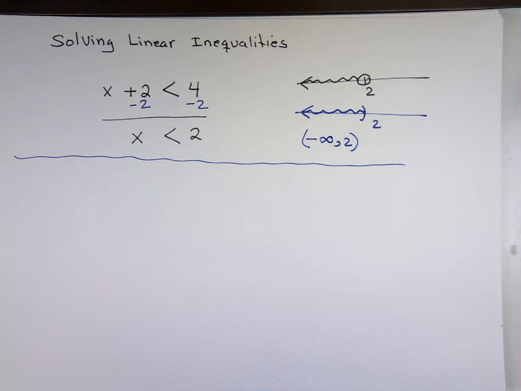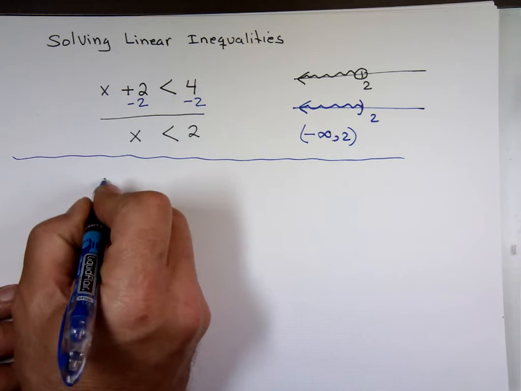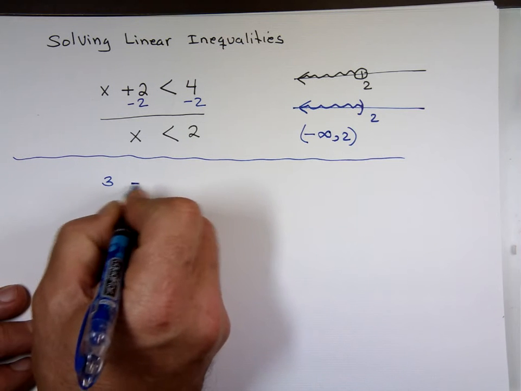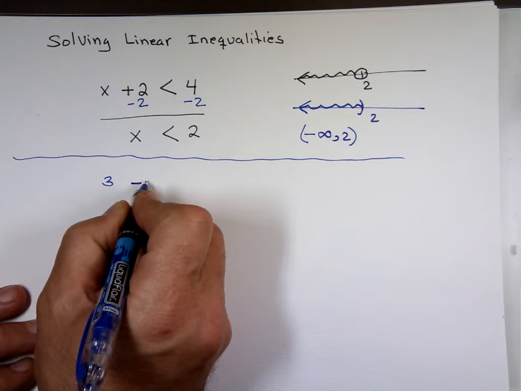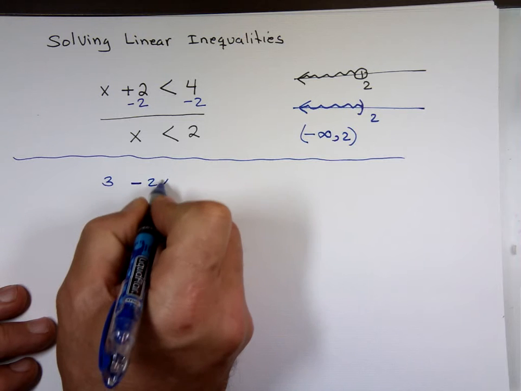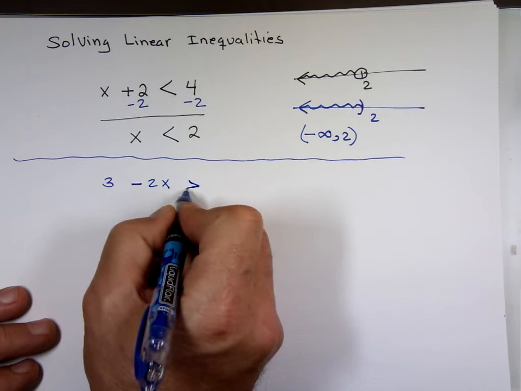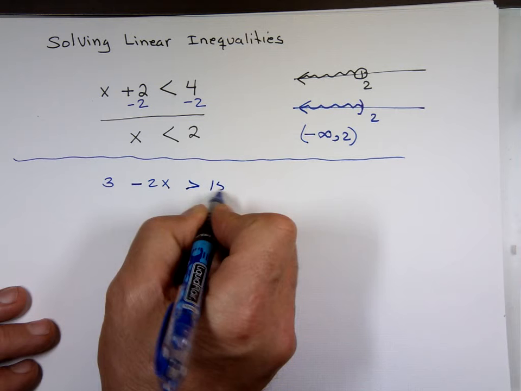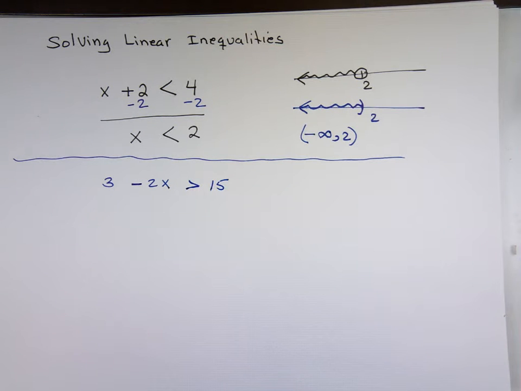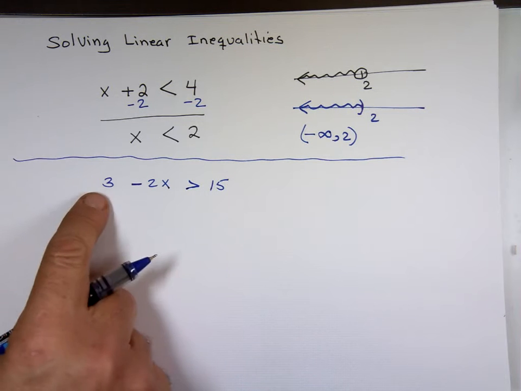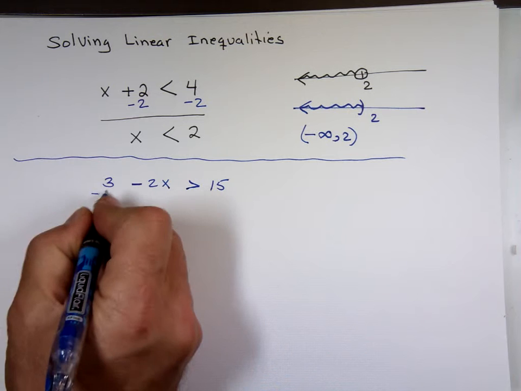Let's try another one. 3 minus 2x is greater than 15. Just like an equation, your goal is to isolate the unknown. In this case, isolate x. So to isolate x, I need to subtract 3 from both sides, right?